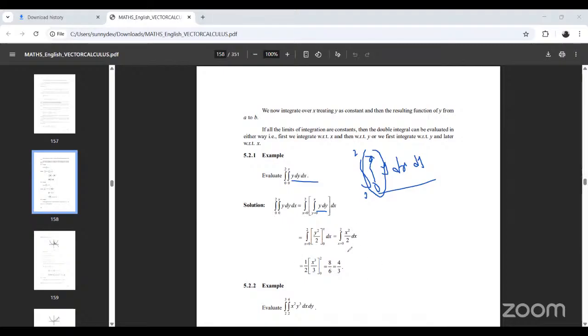So 1 by 2 outside and x squared dx. The integration of x squared dx is x cube by 3, with limits 0 to 2, which becomes 8 by 6, equal to 4 by 3.